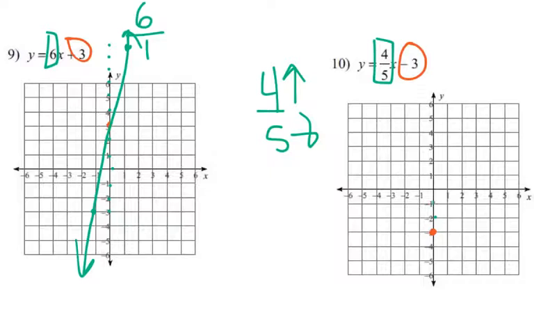So up 1, 2, 3, 4 to the right 1, 2, 3, 4, 5. Now, if you draw 2 points, honestly, that's enough to make a line. Typically, they like to say make 3 points, but 2 is usually enough because we know these are slope-intercept. We know they're linear. If we didn't know if it was linear, we definitely want to make more points.